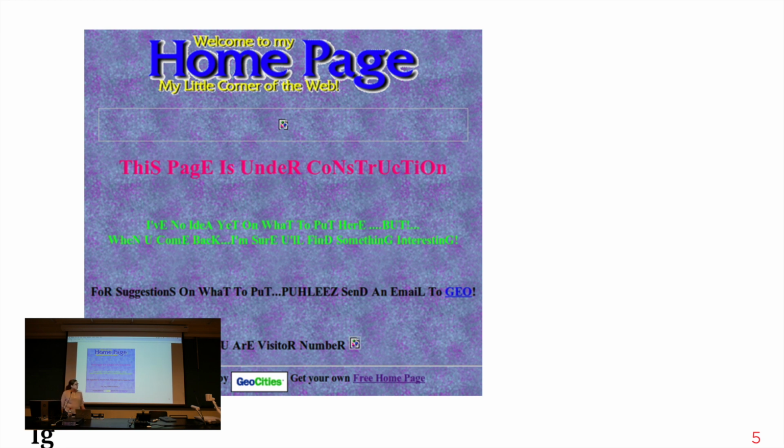But I put it on the slide because this is a website from about the year 1996, when CSS as a technology was introduced. And back then, the whole web looked like that. This is basically what CSS was made for.